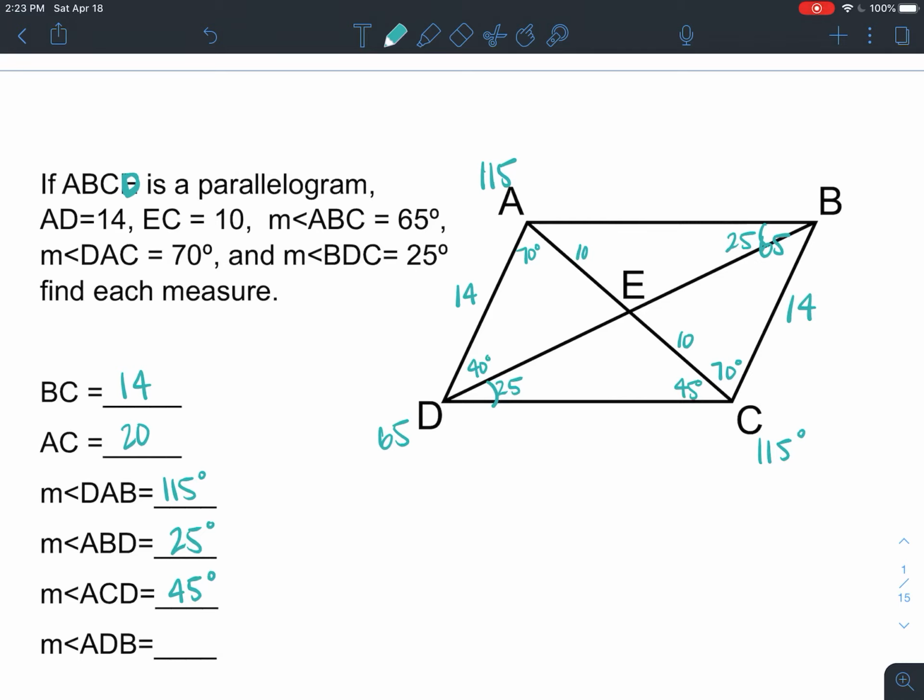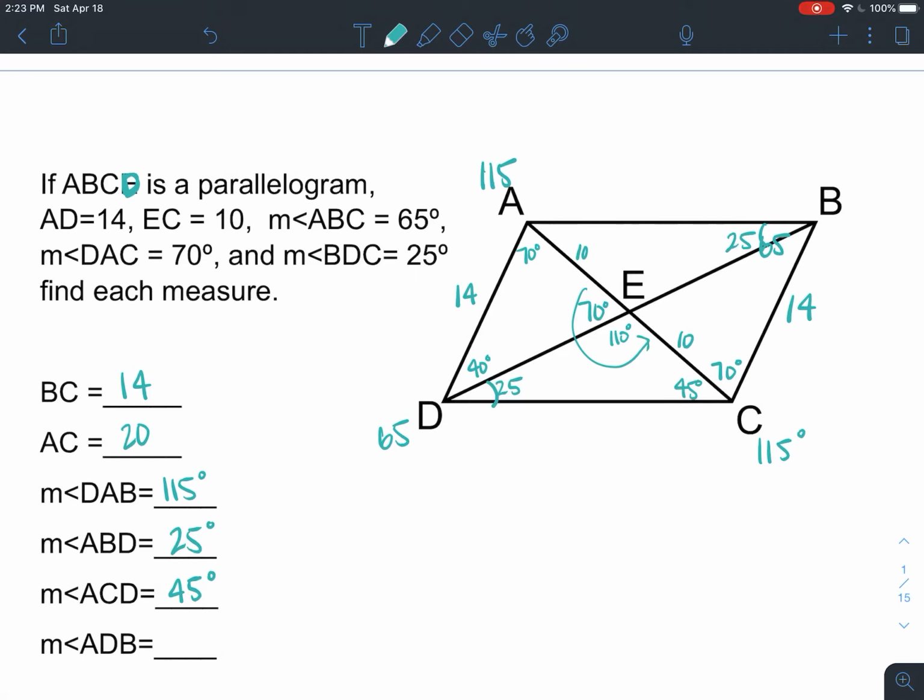And then we can even keep going just to double check our numbers here. If I do 180 minus 70 minus 40, that gets me 70 degrees for here. And if I do 180 minus 45 minus 25, that gets me 110.